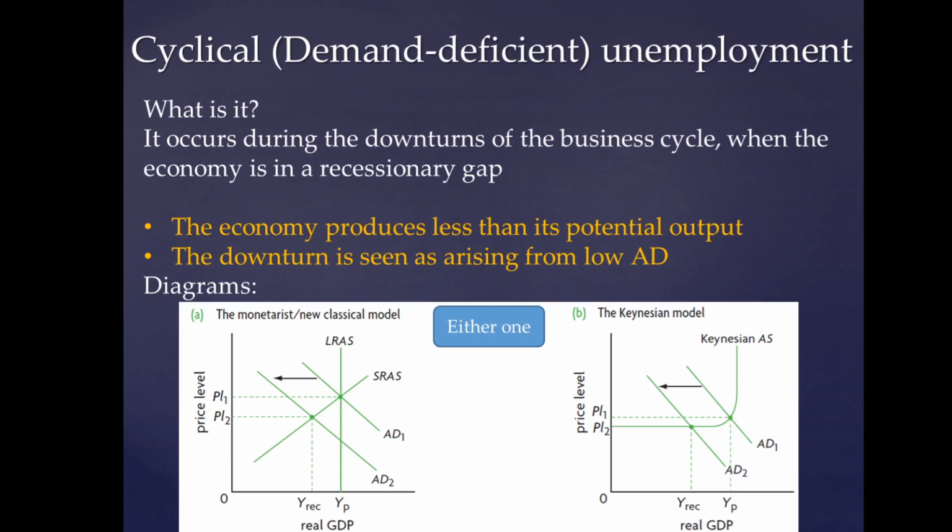It depends on the school of thought. If you still remember, if we are using the new classical model, eventually it will go back to potential output. But when you are working on a question like this, you really need to be careful when you look at the question. When the question clearly specifies that you have to propose some policies, then you must.